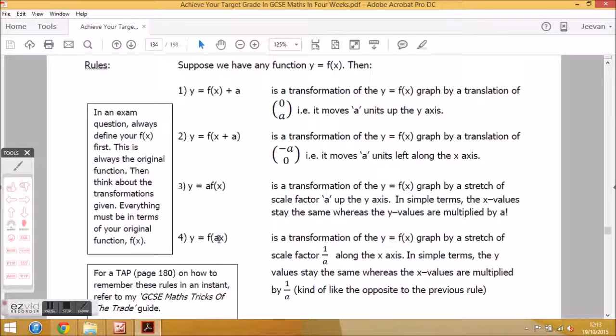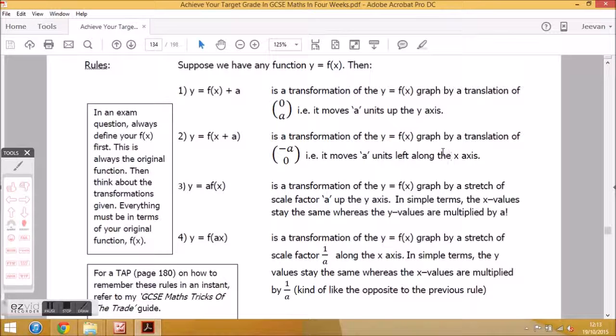What this means is it only affects the x values. The y values actually remain the same in both cases.